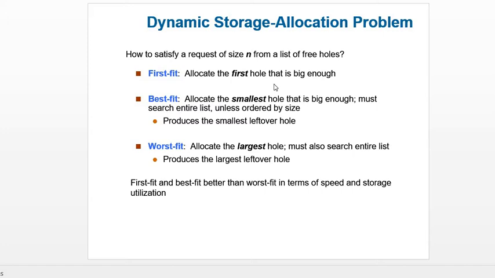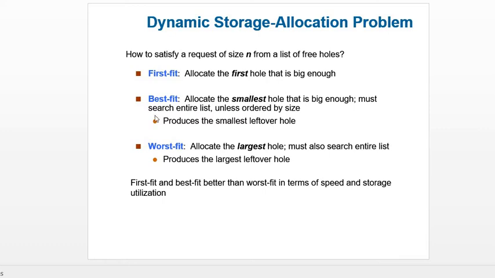That means we start searching either at the beginning of the set of holes or where the previous first fit search ended. Once we find any free hole that is large enough to satisfy the process request, we stop searching.